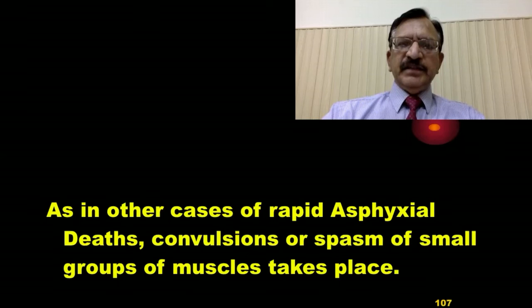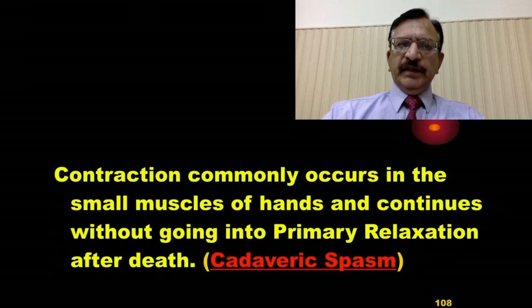As in other cases of rapid asphyxial death, convulsion or spasm of a small group of muscles will take place, and the contraction commonly occurs in the small muscles of the hands and continues without going into primary relaxation after death. This is cadaveric spasm.